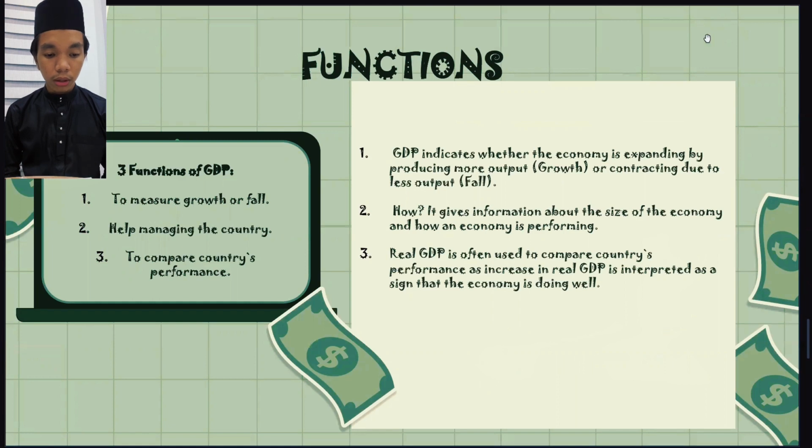So, number one, GDP indicates whether a country is expanding by producing more output, or growth, or contracting due to less output, or fall. This usually relates to economic growth and development. This is because economic growth usually leads to economic development.